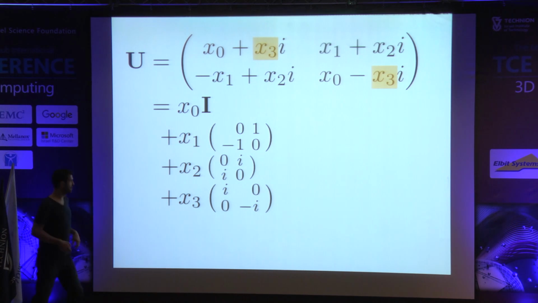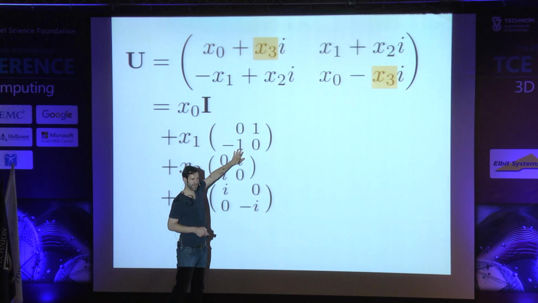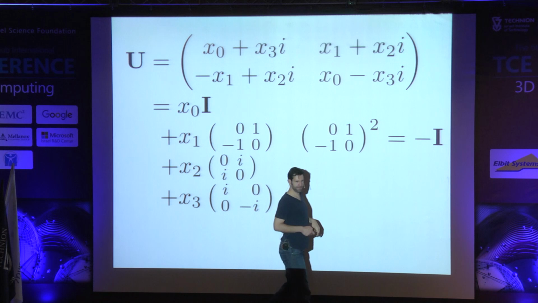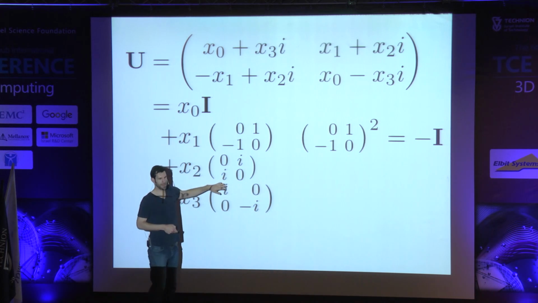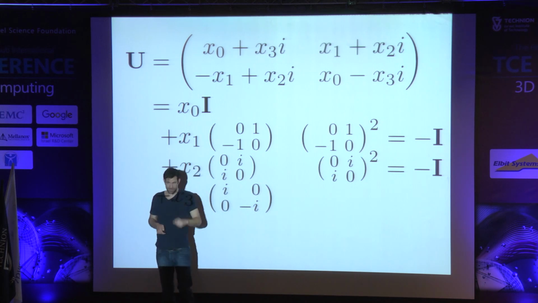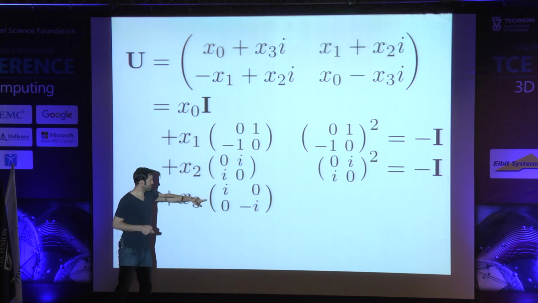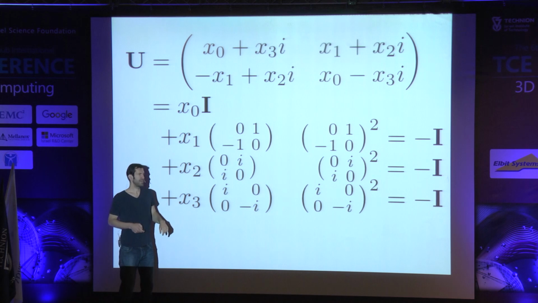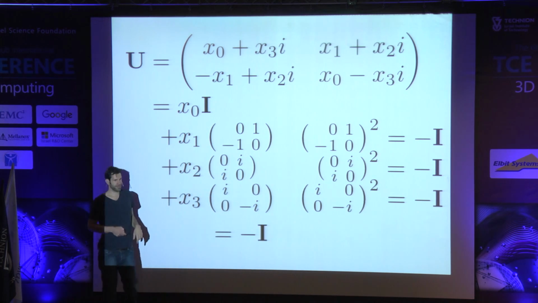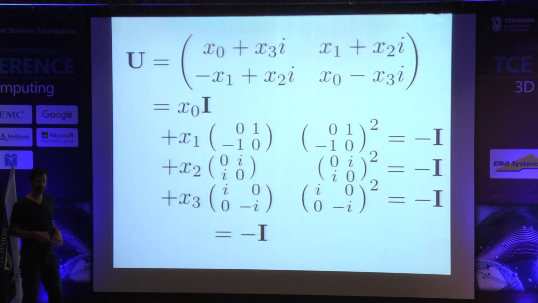Now, for fun, let's take the square of this matrix, and we'll see that this matrix squares to minus identity. And again, for fun, let's square this matrix. And again, it squares to minus identity. And this matrix squares to minus identity. And now let's take the product of this matrix and this matrix, and it also multiplies to minus identity.